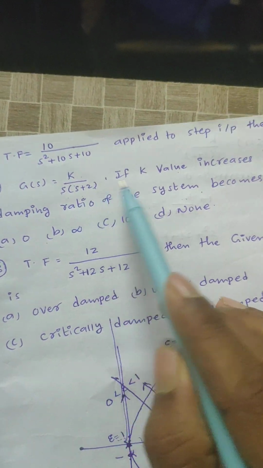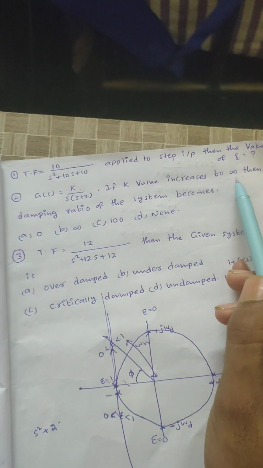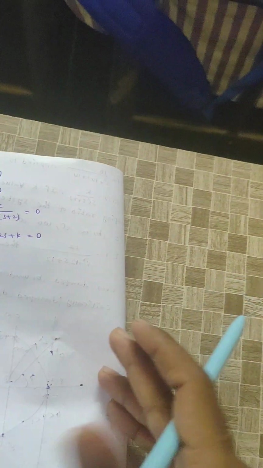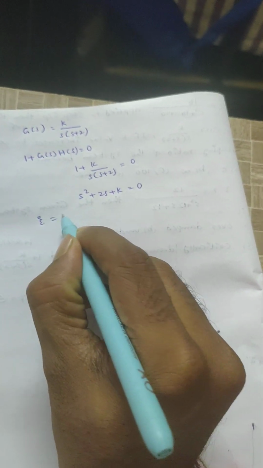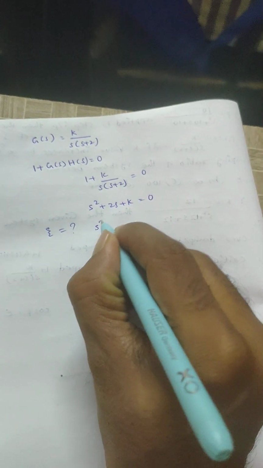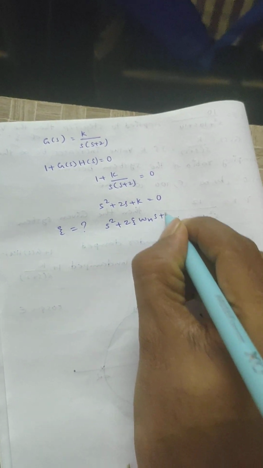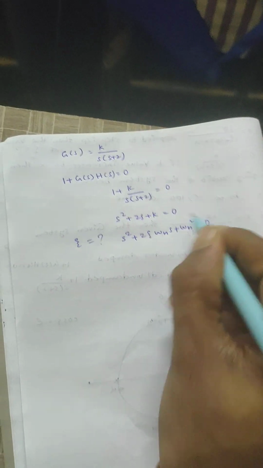Okay, what is given? G of s is equal to k by s into (s plus 2). If k value increases to infinite, then what is the damping ratio of the system? He is asking for the damping ratio, which is nothing but zeta, right? We need to calculate zeta. Compare with the standard equation, that is s square plus 2 zeta omega n s plus omega n square equals 0, right?